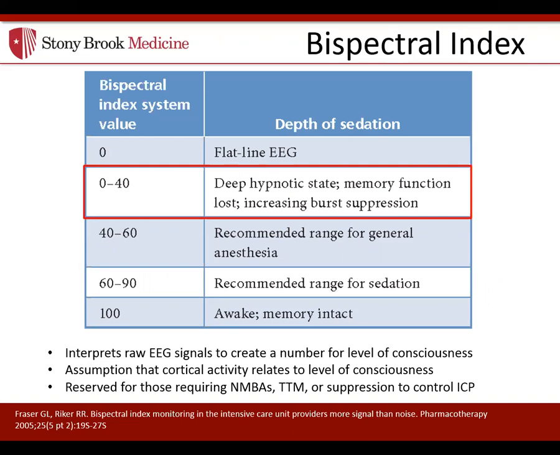So this actually assumes that cortical activity relates to the level of consciousness, and if we are going to assume that the patients are going to be deeply sedated, which they most likely will be, and they'll be unresponsive if we're using a bispectral index, then our goal would be a 0 to 40, which indicates that there's a deep hypnotic state. And that's typically reserved for patients who are on paralytics, therapeutic hypothermia, or we want to control their intracranial pressure.